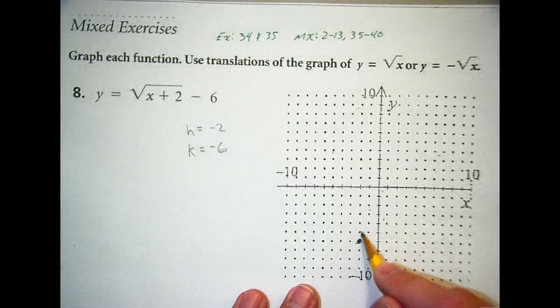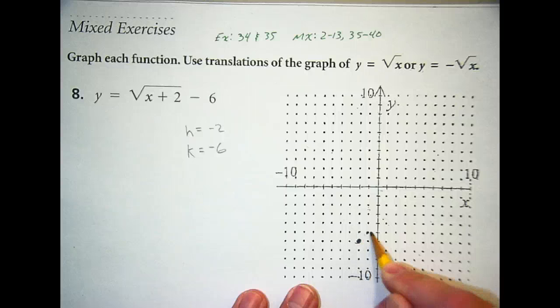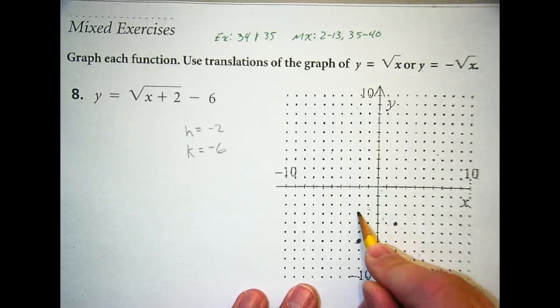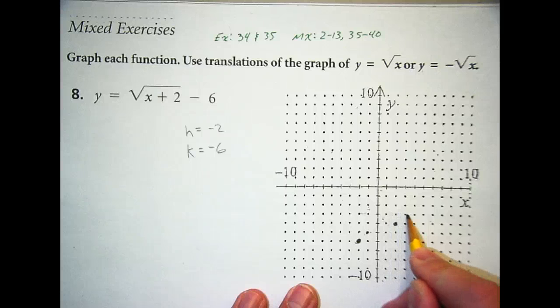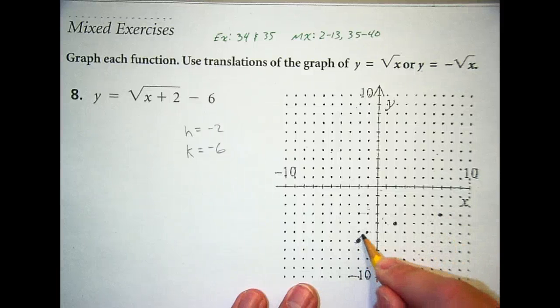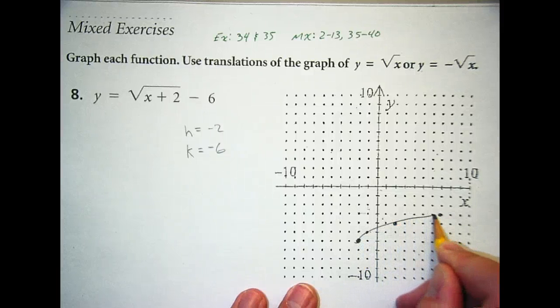Okay, we go over 1, up 1. Or excuse me, up 1 over 1. Up 2 over 4. Up 3 over 9. And voila.